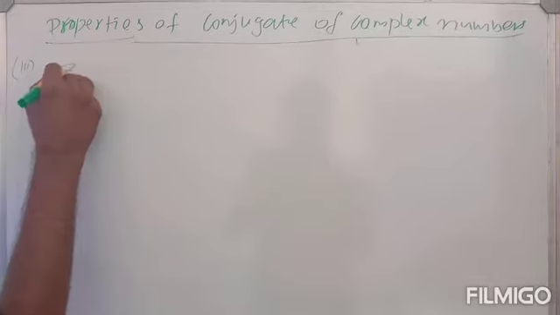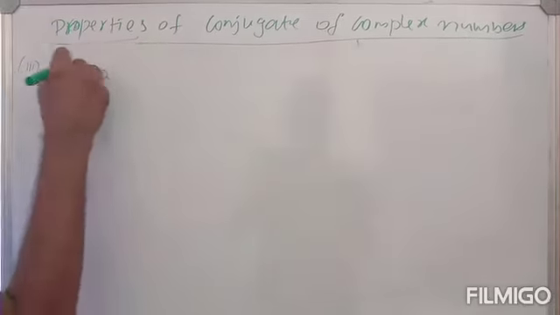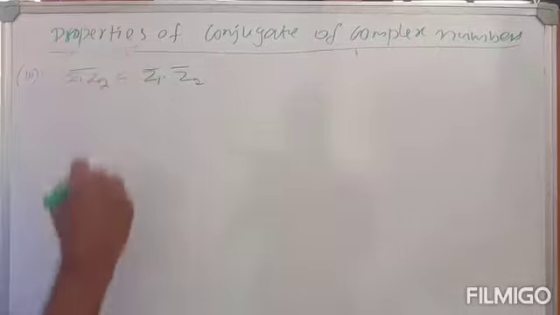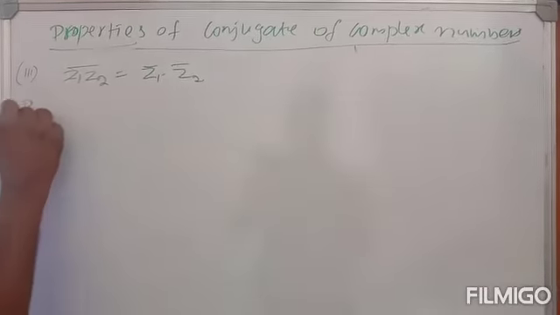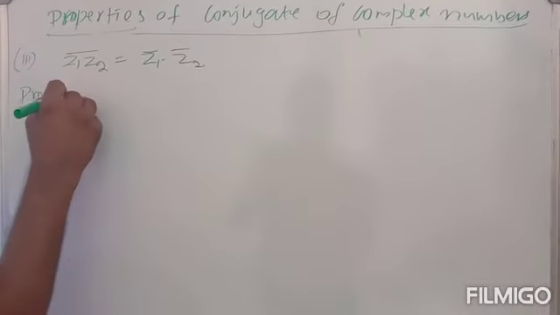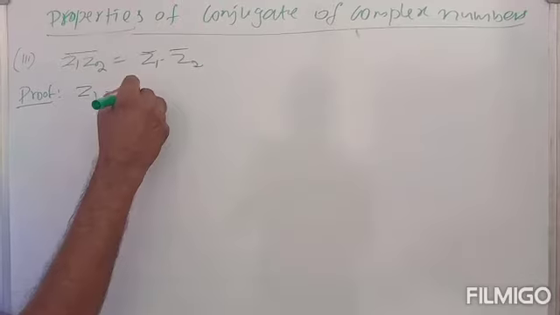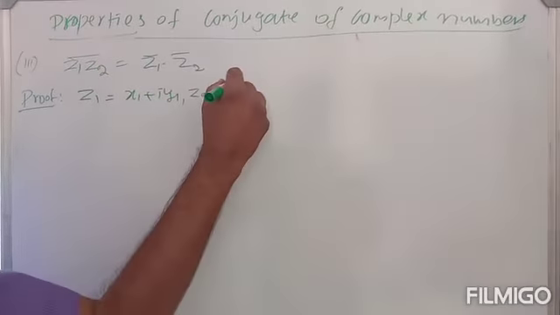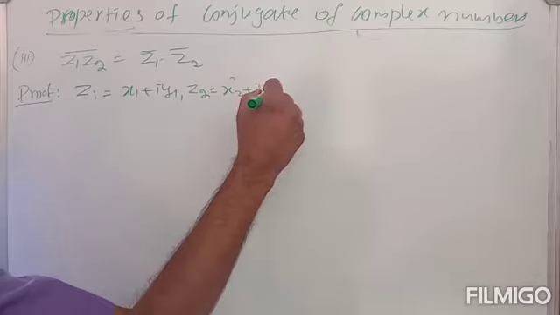Property third, that is (z1 into z2) whole bar equal to z1 bar into z2 bar. Proof. You know that z1 is equal to x1 plus iy1, z2 equal to x2 plus iy2.